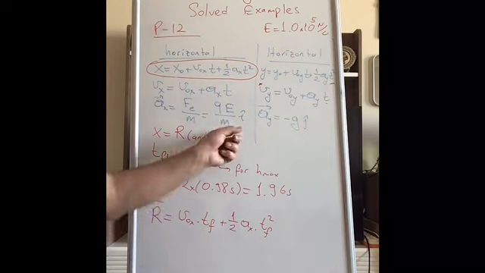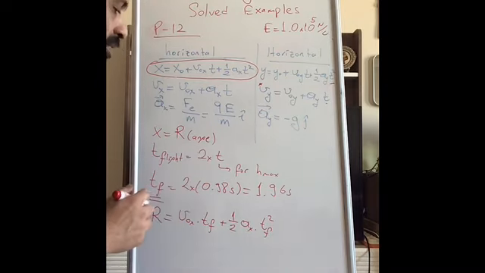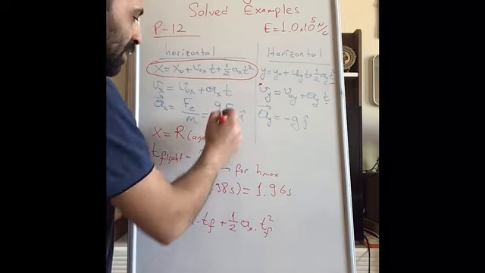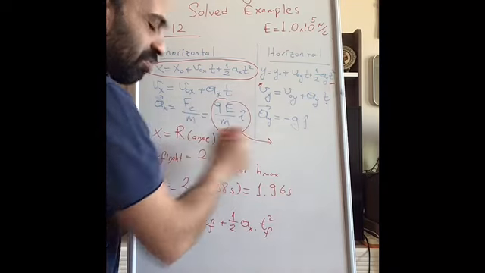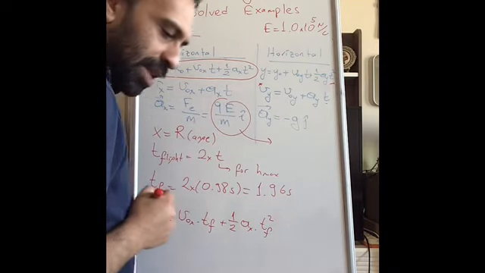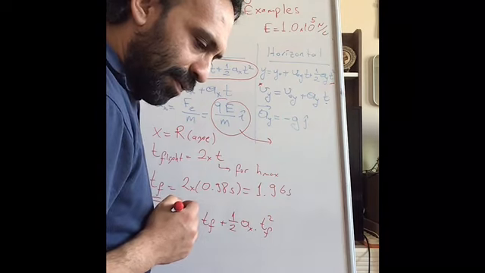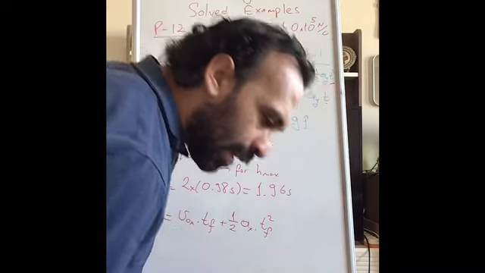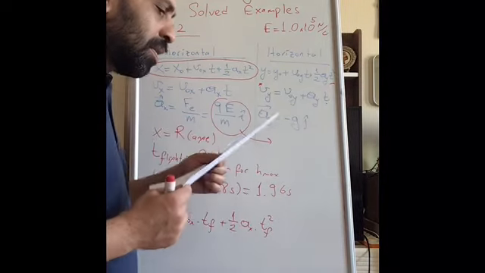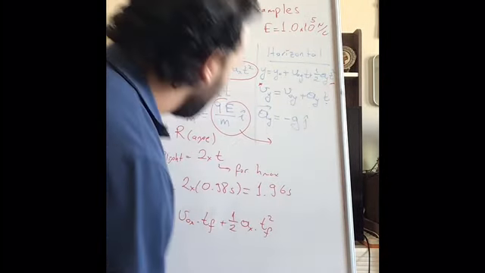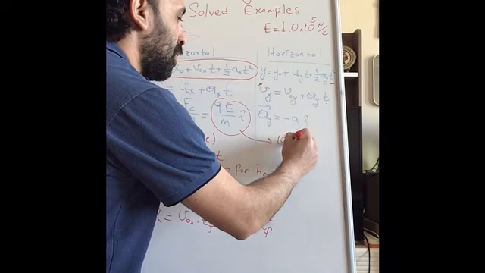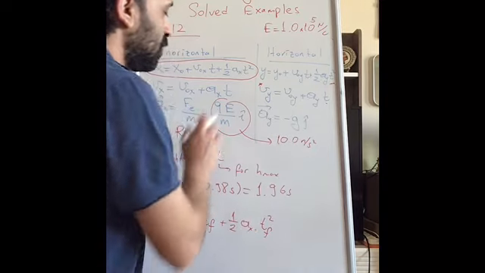And ax is given here, q times E over m. If we plug the numbers here, I can just write the value of the acceleration. Let me check my notes. It is about 10.0 meter per second squared. You just need to calculate.